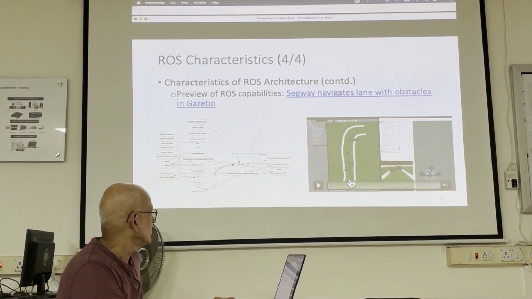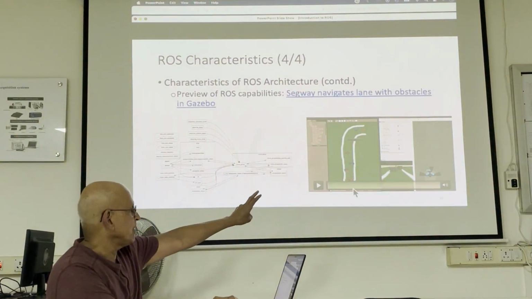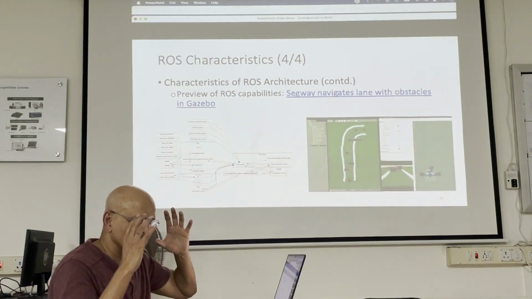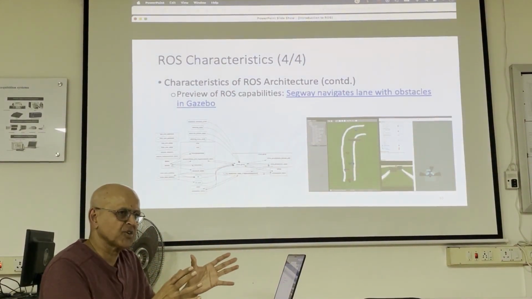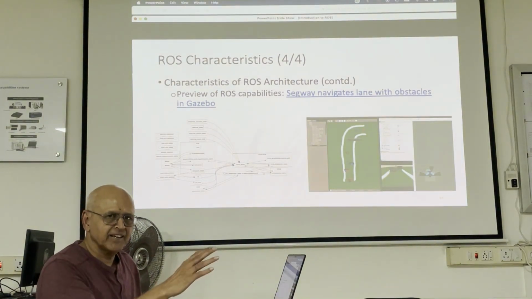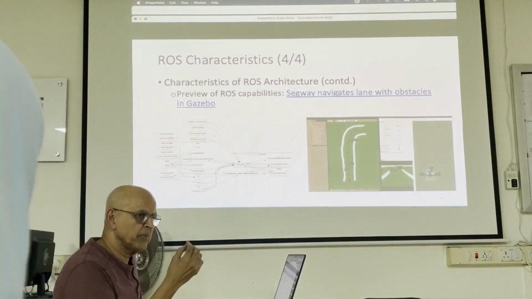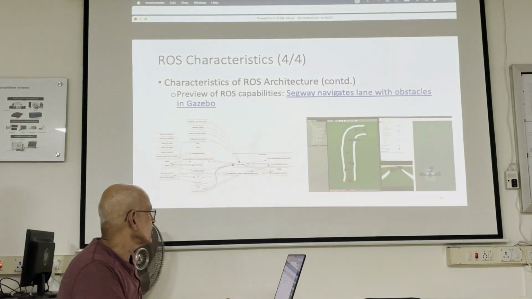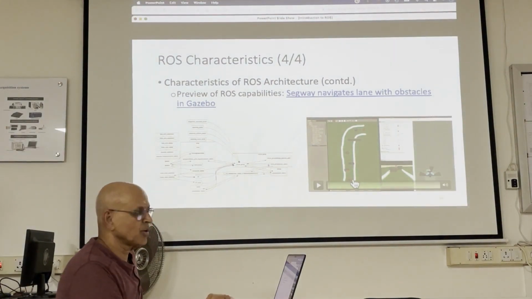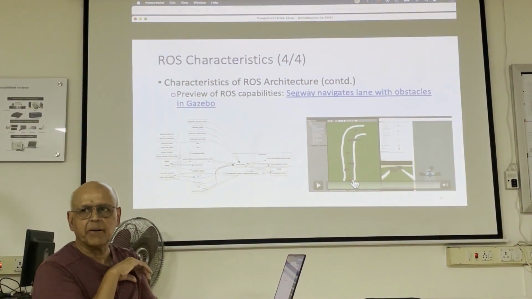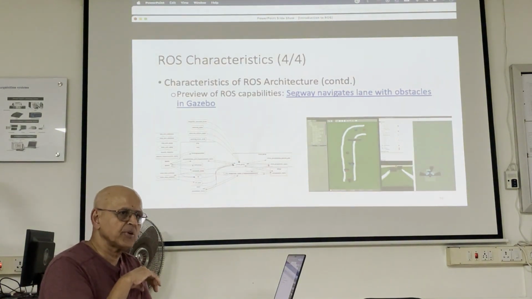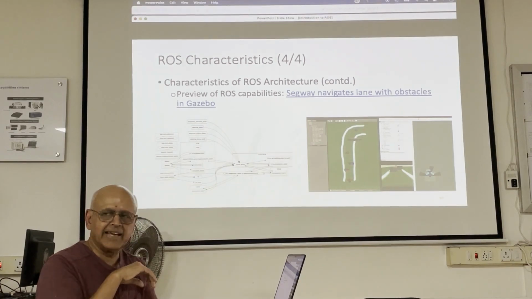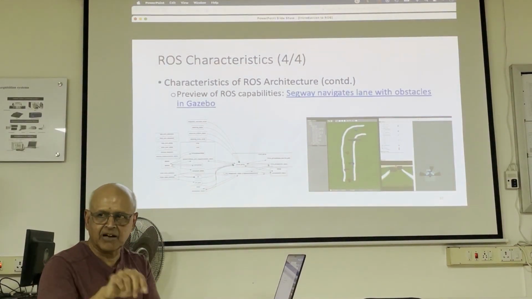Now, watch this. We may have to run it a couple of times so that you get your bearings. You figure out what is being shown. So don't panic. We'll run it and then we'll run it again. Maybe I'll give you a little bit of a setup. We do a lot of competitions where a robot has to navigate between lane lines, and the lane lines are drawn with paint on grass.